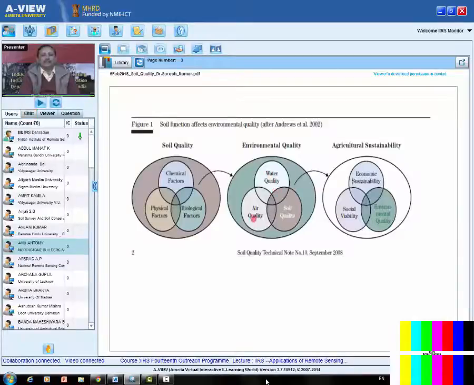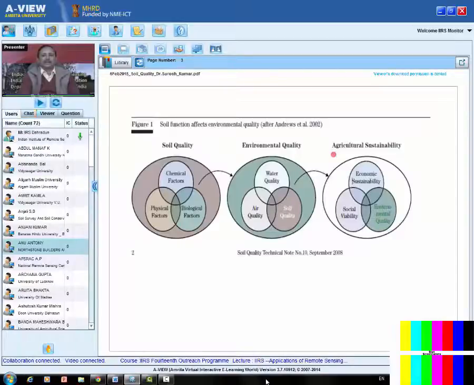Air quality, when suspended sediments remain less in the air. For example, in the arid and semi-arid region, in the months of May and June, we see air quality deteriorated, and it is directly related to and governed by the soil. And this air quality and soil quality is related with our agricultural sustainability.